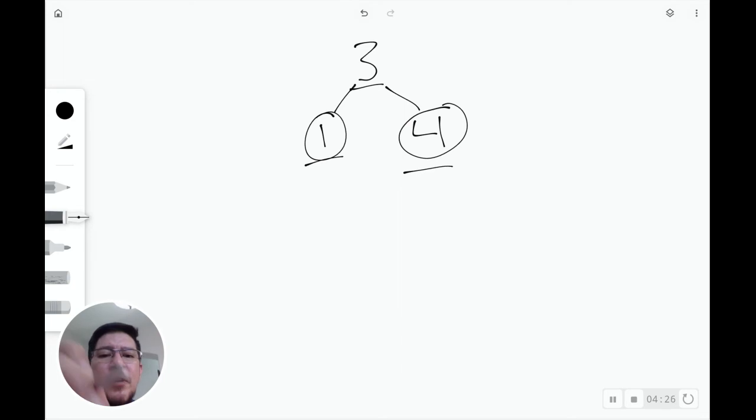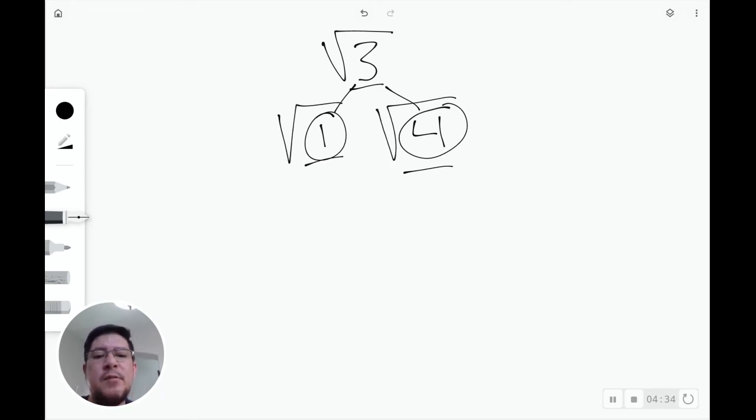Well, logically, if 3 is between 1 and 4, then logically the square root of 3 has to be between the square root of 1 and the square root of 4. So in other words, let's write this out. I know that the square root of 3 has to be bigger than the square root of 1. What is the square root of 1? Well, we already know that the square root of 1 is 1 because 1 times 1 is 1.